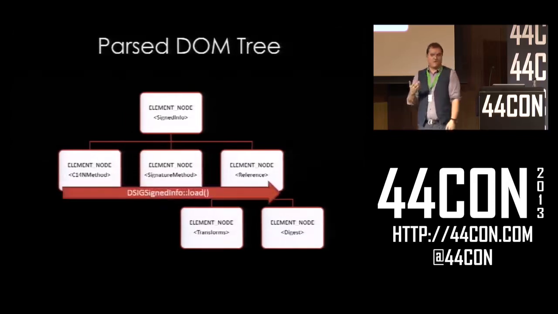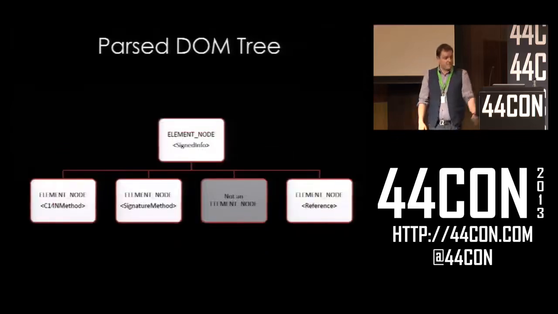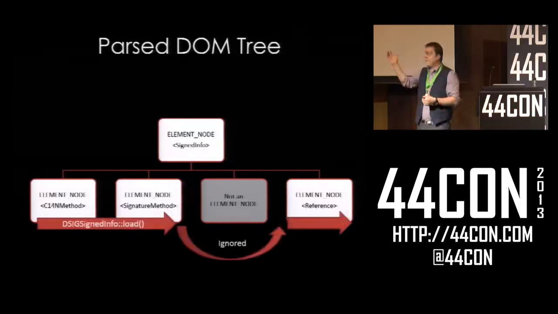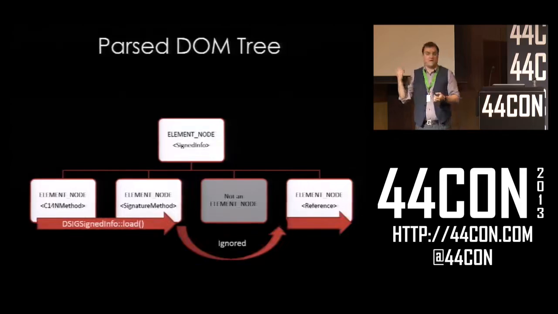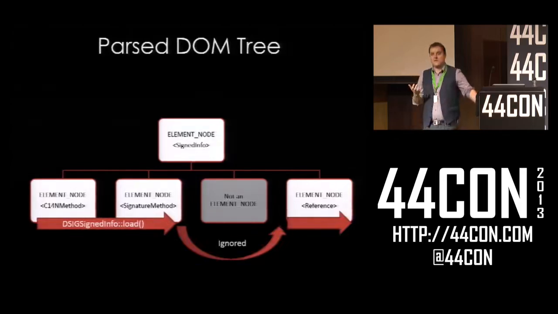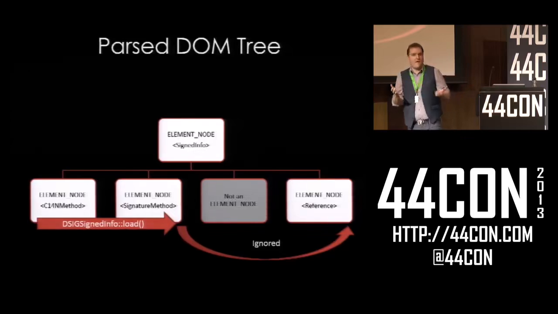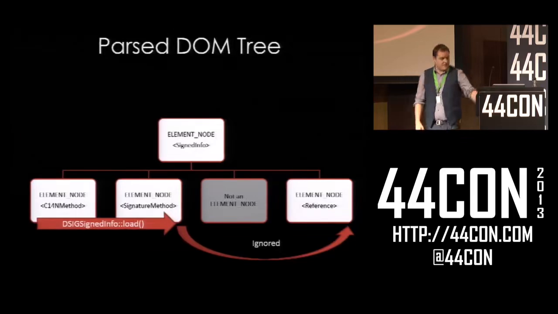Our load function just linearly goes across that level of the hierarchy looking for reference elements. Obviously, if we have a comment, the comment node will get ignored, but it'll still find the references at the end. So what we want is something which will effectively skip everything after we've loaded up the basics of the signed info block.